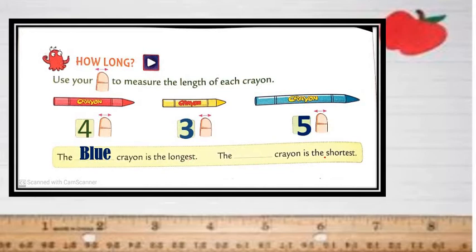The dash crayon is the shortest. Now look here. Also observe the measurement. By observing the measurement and size of the crayons, we can say that the yellow crayon is the shortest.